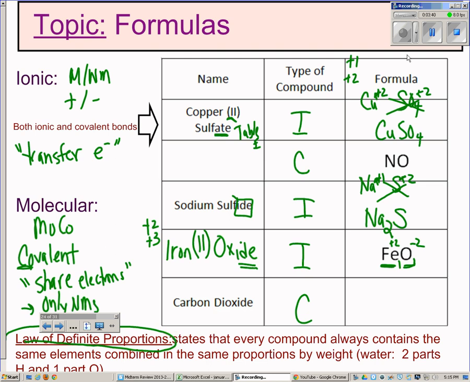This comes up a lot on tests where they'll give you something like this, XCl2, and they'll say, what group are you going to find X in on the periodic table? Well, the easiest way to do this is to reverse the crisscross that we did up above in order to form the ionic compounds. Positive always comes first, the negative comes second. There's a 1 subscript here, bring this up, it becomes a -1.